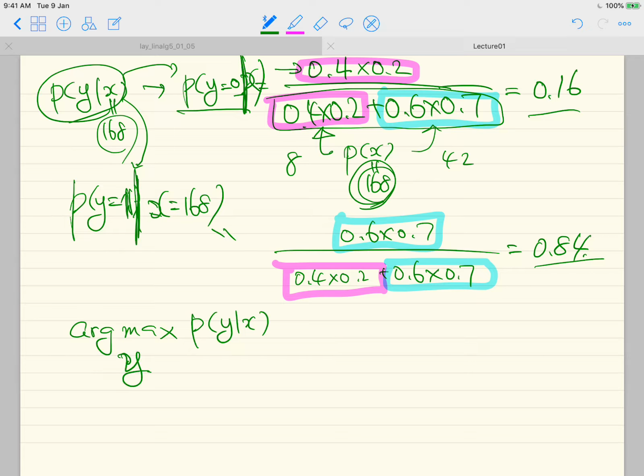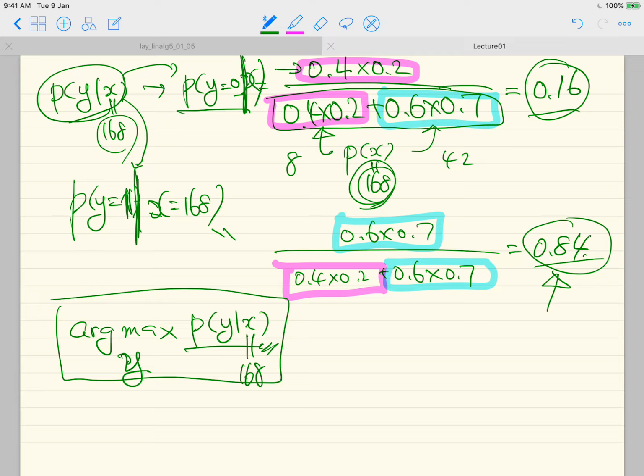Our optimal policy is to simply pick the classification label that has the maximum posterior probability given that x is fixed as 168. So simply by comparing these two posterior probabilities, the rule is quite obvious. We will just pick the class corresponding to the largest probability.